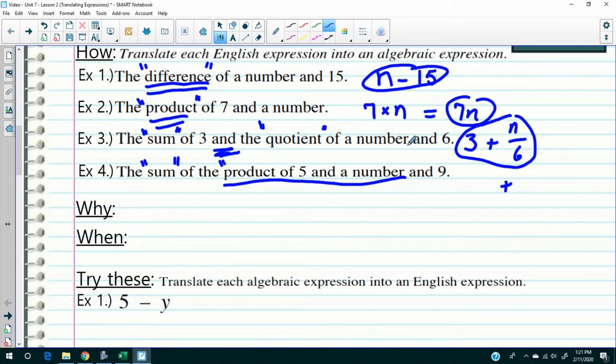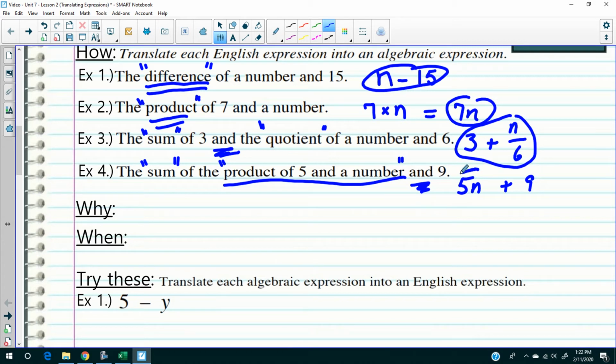How do you write the product of 5 and a number? Look back at the previous one. Right, 5n and 9. So one more time: the sum of the product of 5 and a number and 9.